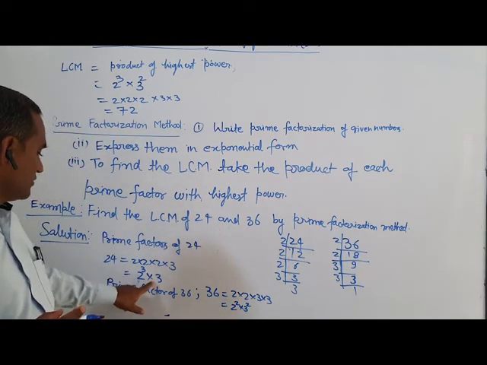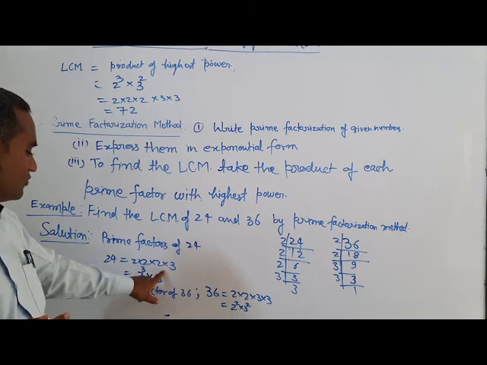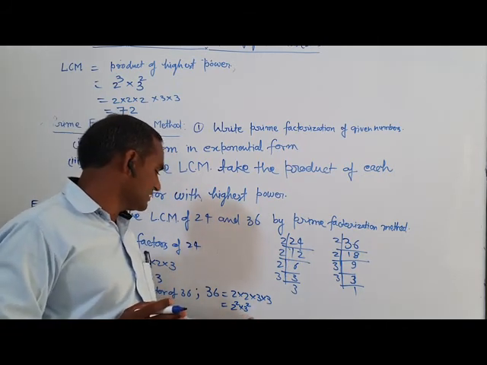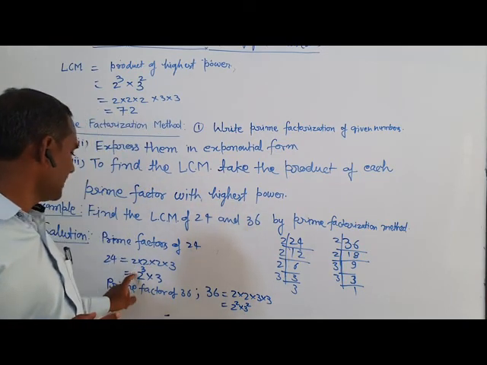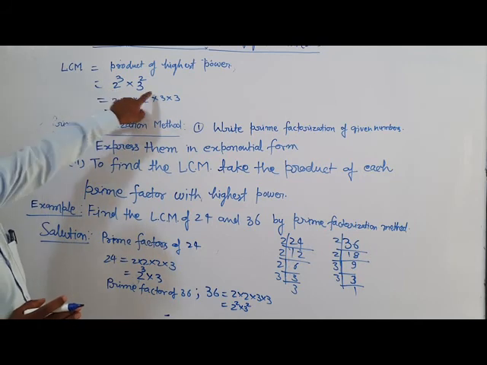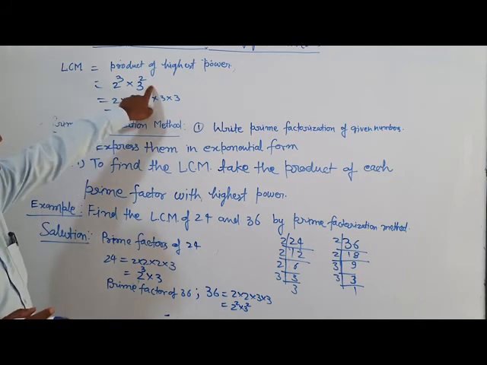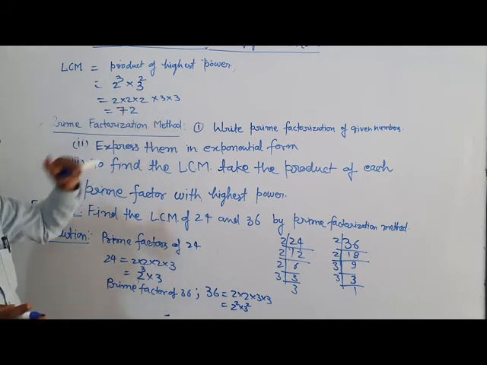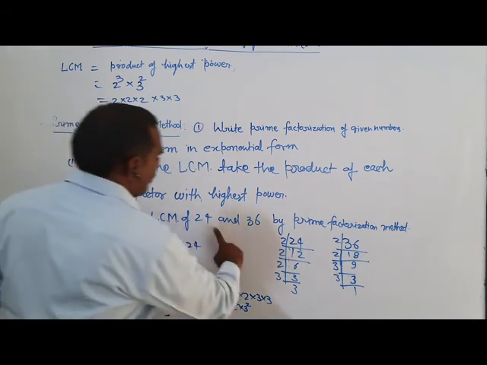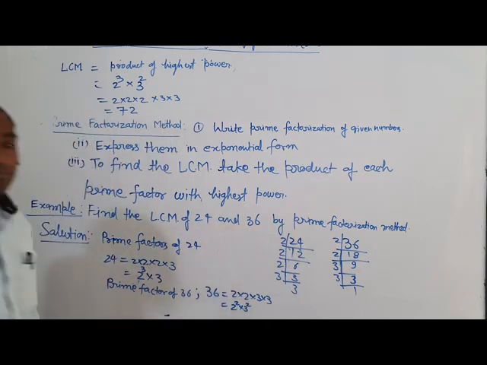For factor 3, the power is 1 in 24, but in 36 the power is 2. So we take these highest powers, and the product of both, 2 raised to the power 3 and 3 raised to the power 2, is 72. 72 is the LCM of 24 and 36 by the prime factorization method.